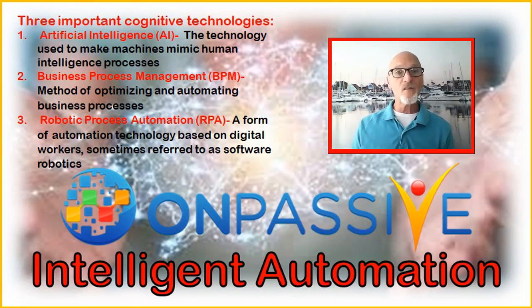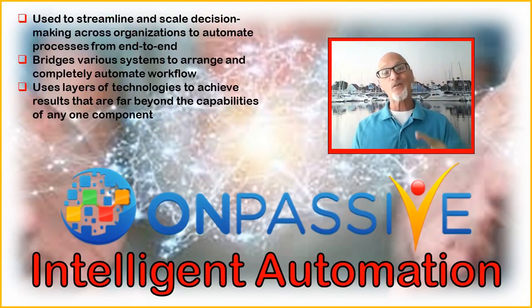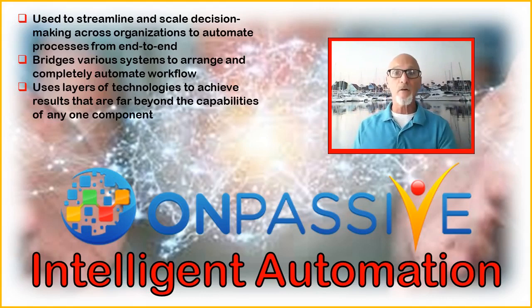So using these technologies, intelligent automation scales and streamlines decision making right across all the organizations, right? Whatever your organization is, it can streamline right across it, which is to say that they can automate a wide variety of the processes from end to end and allow easy integration with other systems that you may have across your organization.